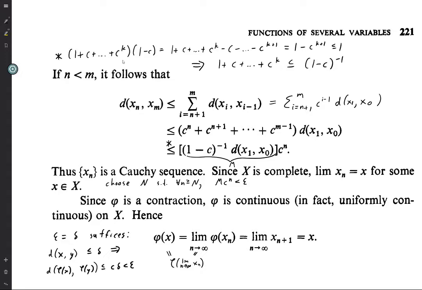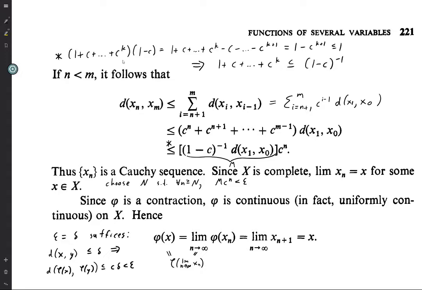To prove that it actually is a fixed point, we note that since phi is a contraction, phi is continuous, and in fact it's uniformly continuous. If you want to prove this, you can use the delta-epsilon definition, and setting epsilon equal to delta suffices.